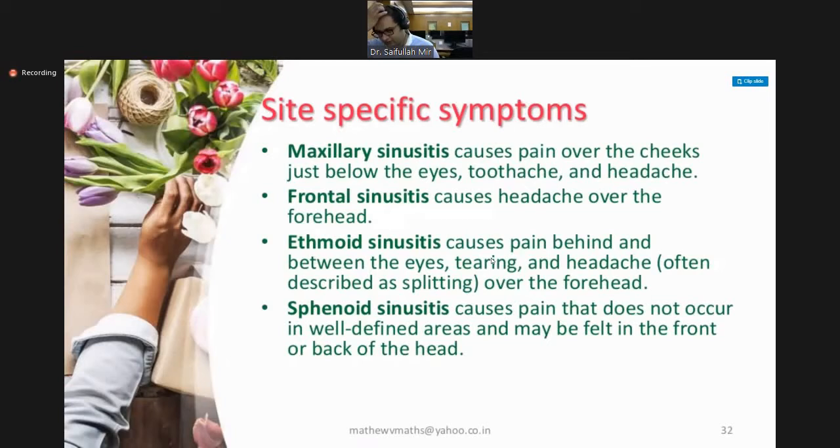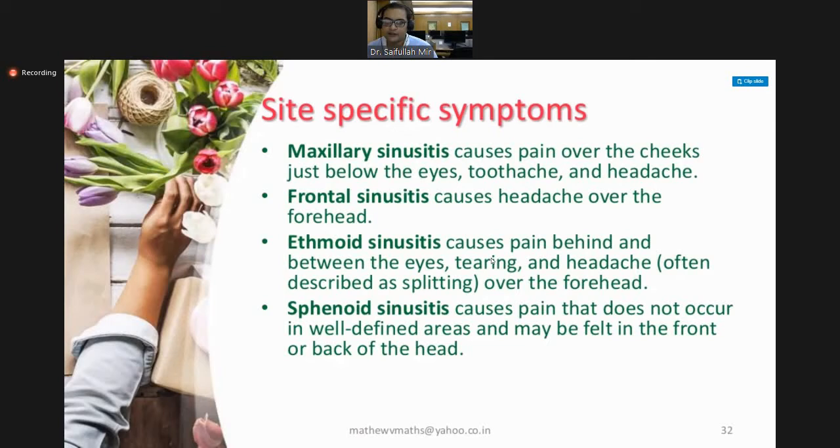So this is slightly different, because a splitting headache on the side is more pathognomonic of ethmoid sinusitis. Unilateral pain is migraine. Sphenoid sinusitis causes a vague pain around the back or the vertex of the head.